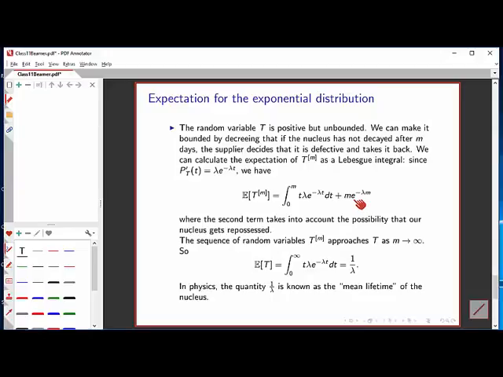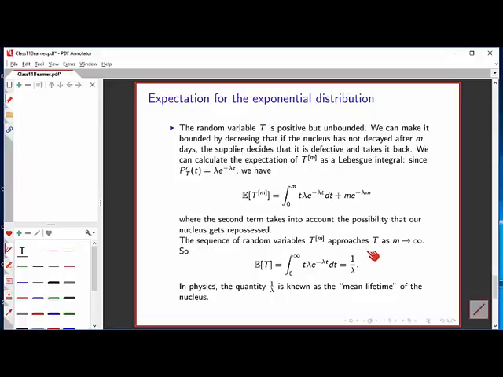As m approaches infinity, of course, this second term goes to 0, and so the expectation of t is just the integral when we replace m by infinity, and that integral is easily evaluated. It turns out to be 1 over lambda, which physicists refer to as the mean lifetime of the nucleus.